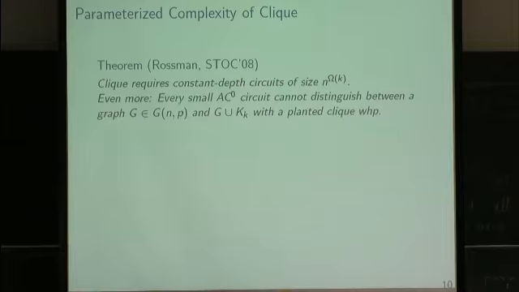More precisely, he shows that every small AC0 circuit cannot distinguish between a graph from this Erdős-Rényi probability distribution and the same random graph where you plant a k-clique. So in this graph you have a k-clique, but in this graph, if you go below the threshold, you will not have k-cliques with high probability. And with high probability, every small AC0 circuit cannot distinguish between these two objects.